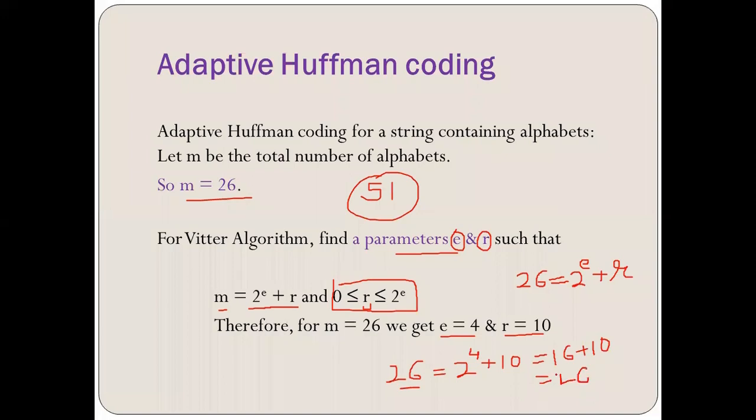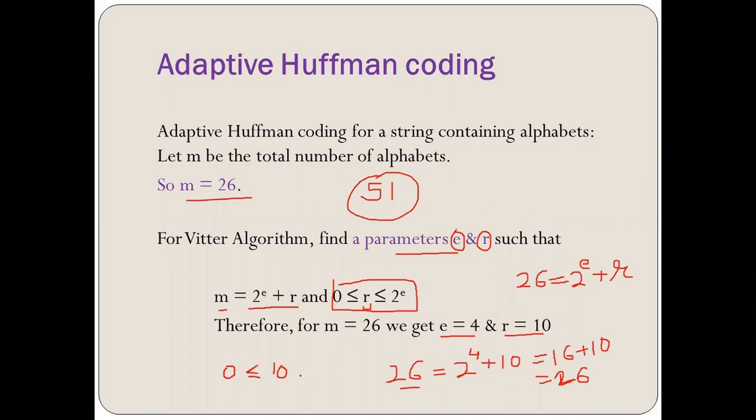Plus there is one more condition which needs to be satisfied. R is 10, and 10 is lying between 0 and 2 raised to the power E, which will be 16, right? So 10 is lying between 0 and 16.